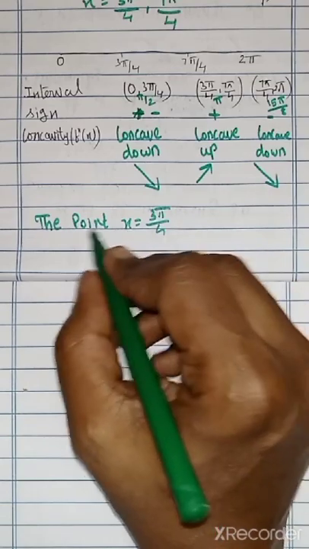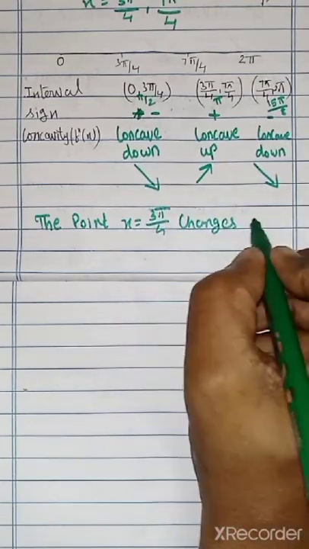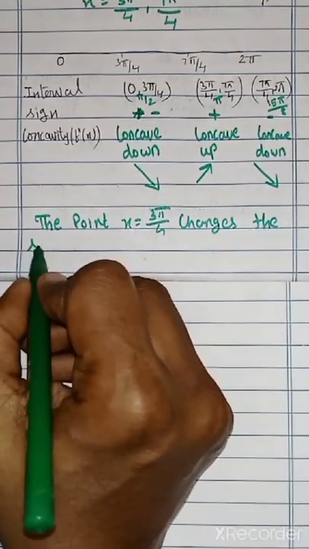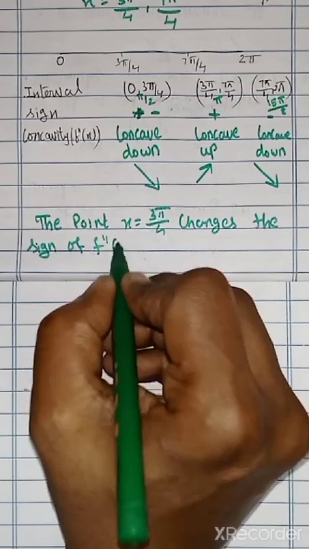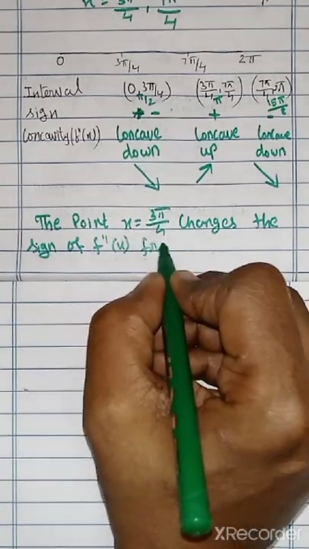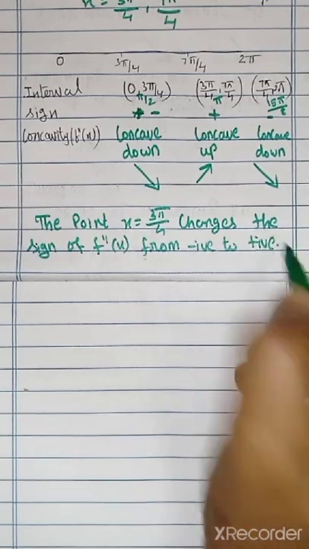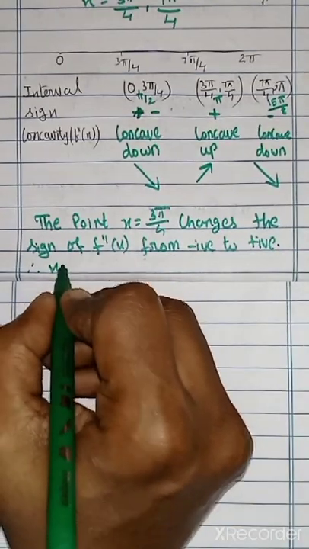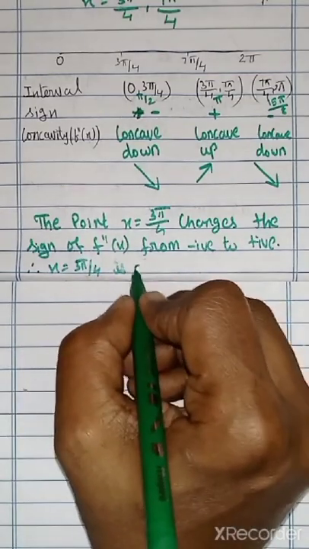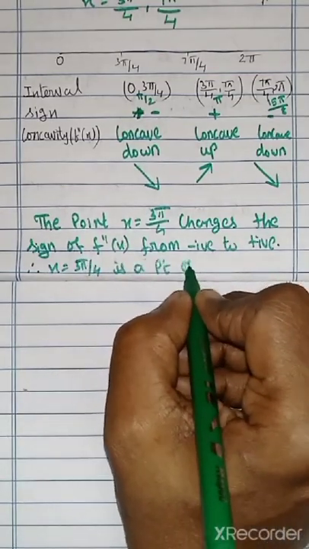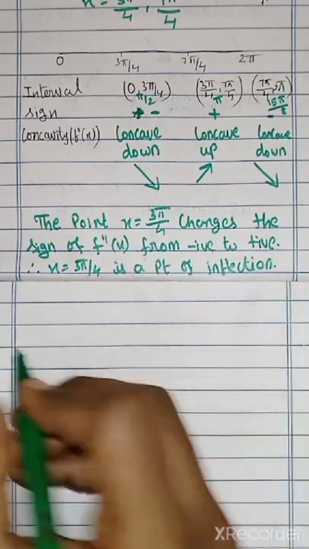So the point x equal to 3 pi by 4 changes the sign of f double dash of x from negative to positive. Therefore, x equal to 3 pi by 4 is a point of inflection.